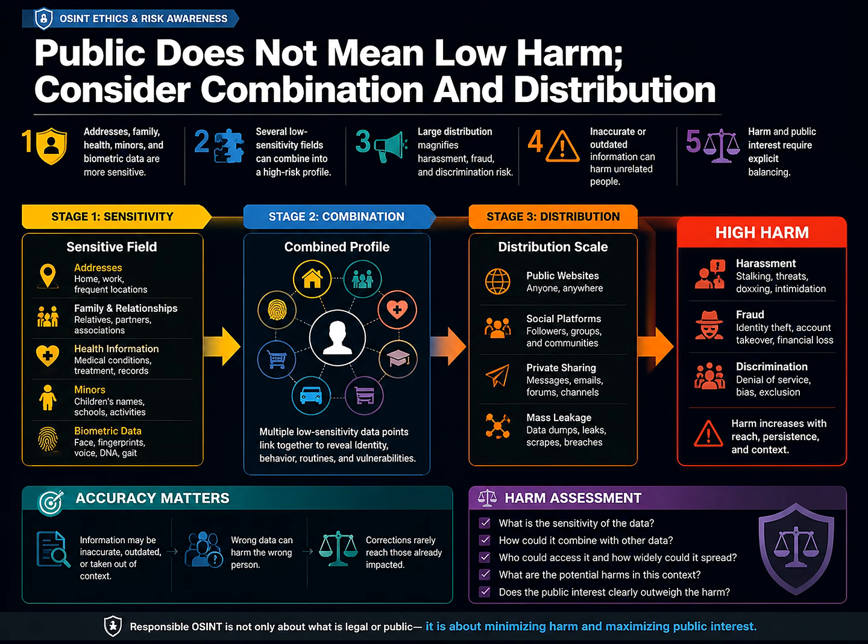Ask one practical question: what is the worst plausible outcome if this table reaches the wrong person? Harassment, fraud, discrimination, identity theft, or physical contact call for stronger handling. Accuracy belongs in the same discussion. Stale jobs, namesakes, and reassigned numbers can place the burden on someone unrelated to the case.